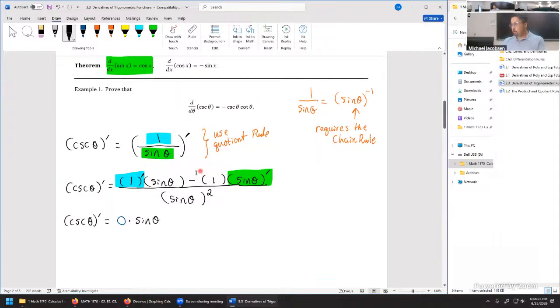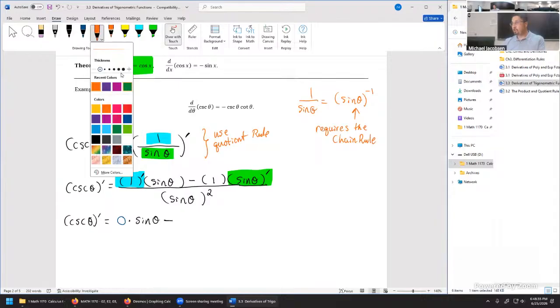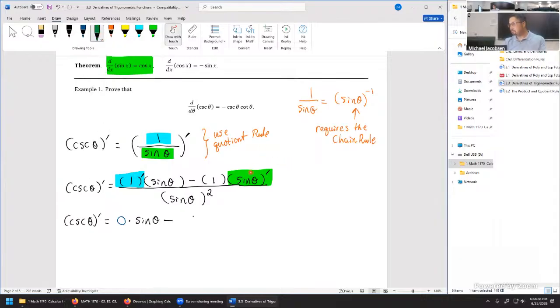Then minus 1 times the derivative of sine theta, which is cosine theta. So the better way to say that is -1 times the derivative of sine theta is just negative cosine theta, using our derivative result here. We're just copying in that extra negative sign.